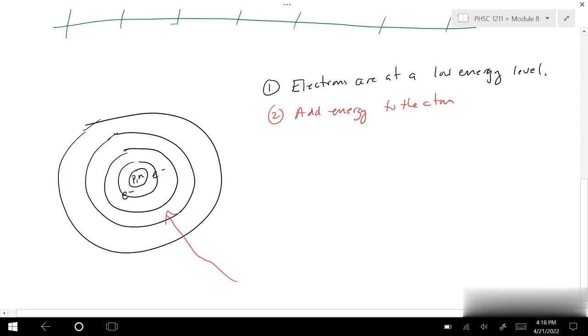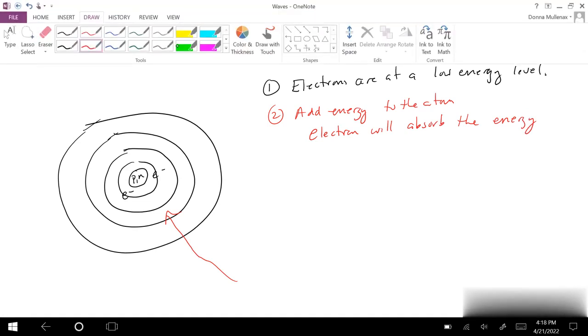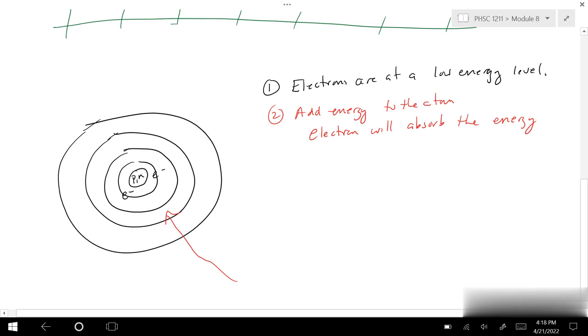Now remember, the electron is lower mass, so it's going to absorb this energy faster and easier than the protons and neutrons. So the electron is going to absorb the energy. Now the electrons are high energy, so what happens next is the electrons jump out to higher energy states.